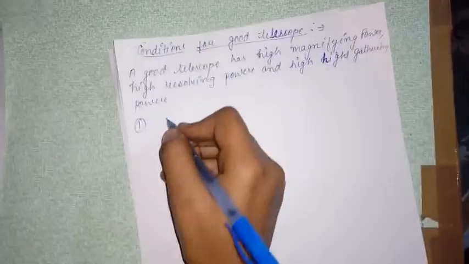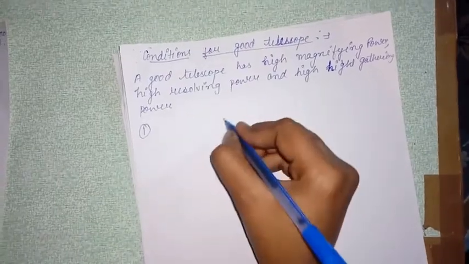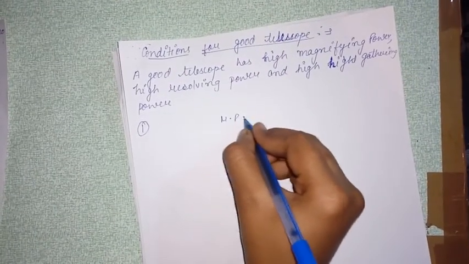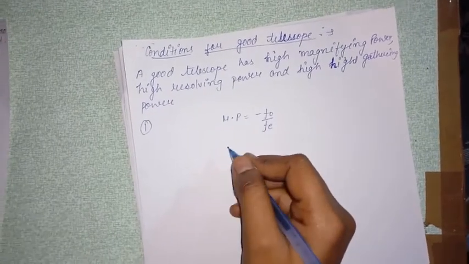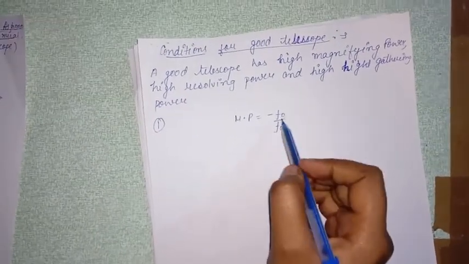Now first we will discuss magnifying power. We know that magnifying power is equal to minus F0 upon Fe. So when will the magnifying power be high?